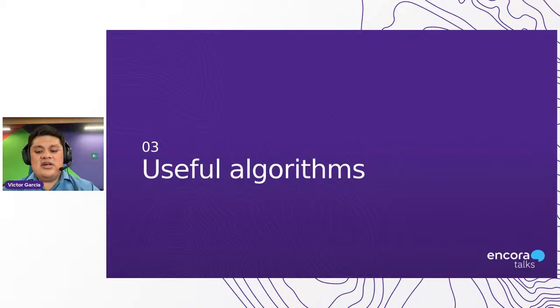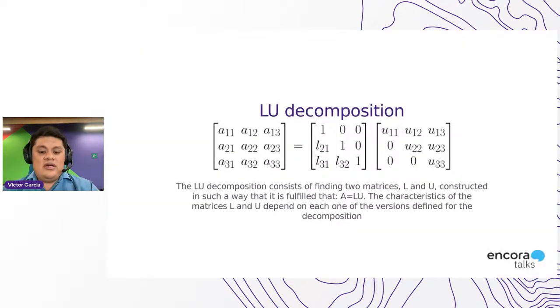Now let's talk about some useful algorithms behind the idea of machine learning, starting with the LU decomposition, which was invented by Alan Turing in 1948. It is when we factorize a matrix into two special matrices: L, a lower triangular matrix, and U, an upper one.